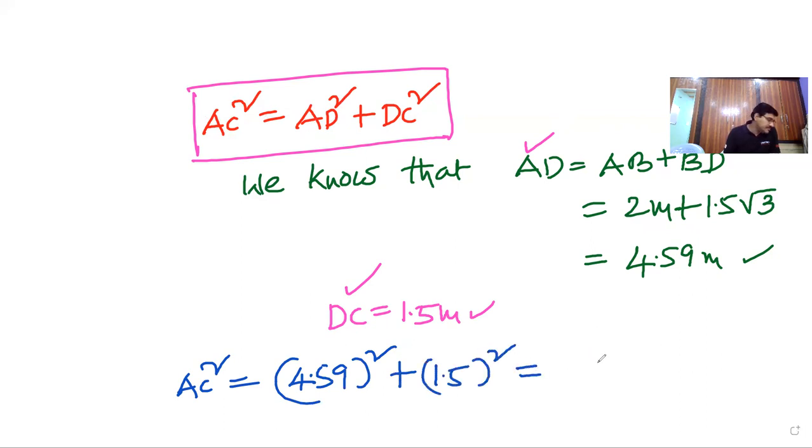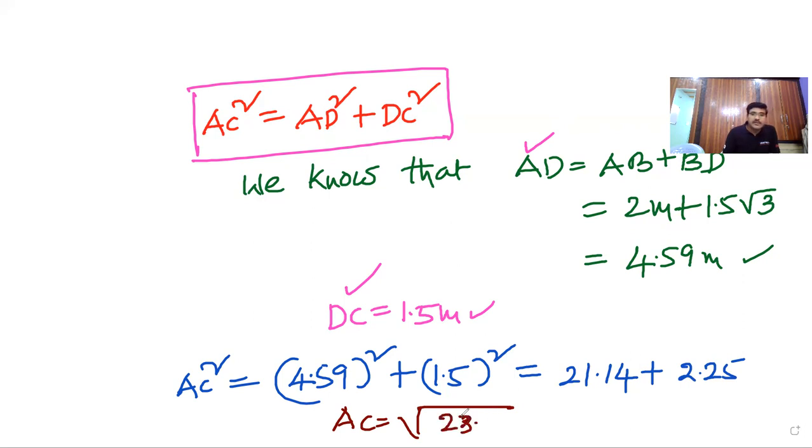The entire thing is 21.14 plus 2.25. Final answer AC is square root of 23.39, which becomes 4.83 meters.